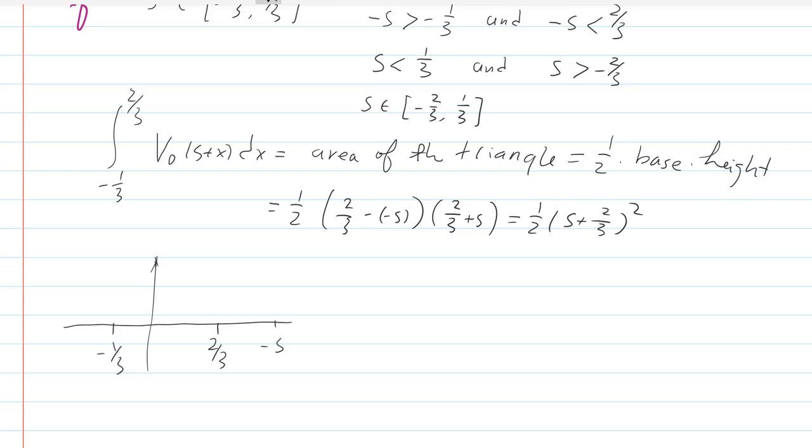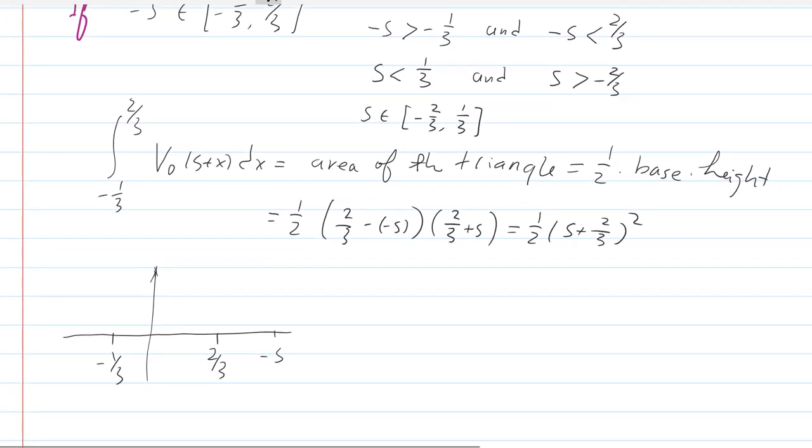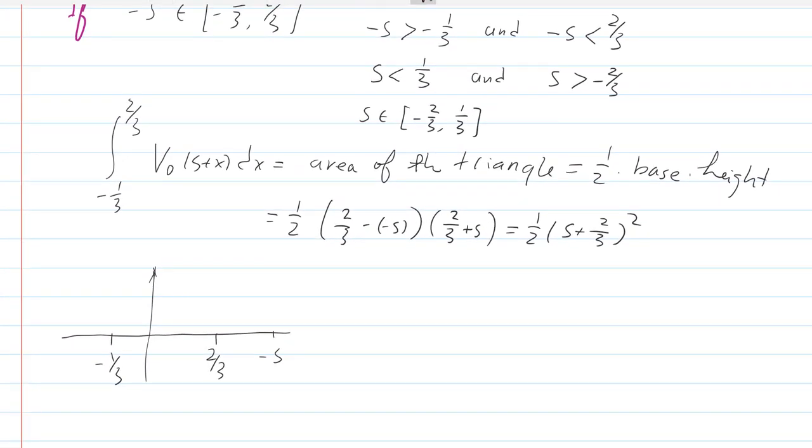And then if you look at the graph, your graph looks like this. 0 up to negative s, and then you have 45 degrees. So if you integrate this function over this interval over here, it's completely 0.